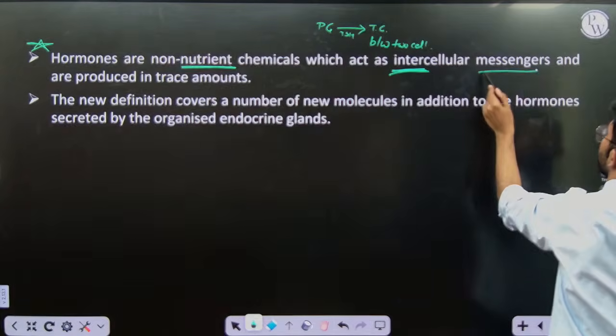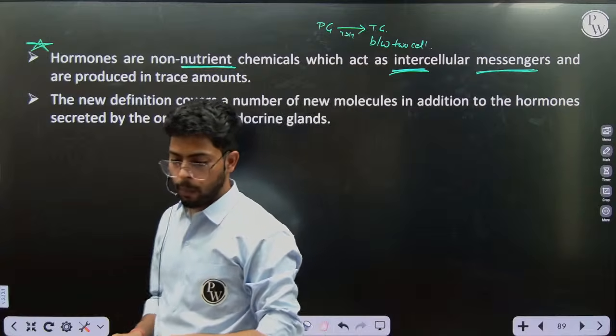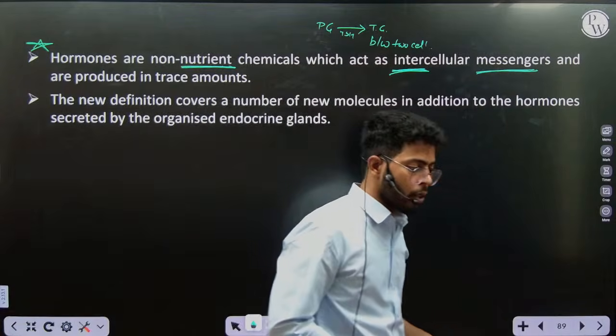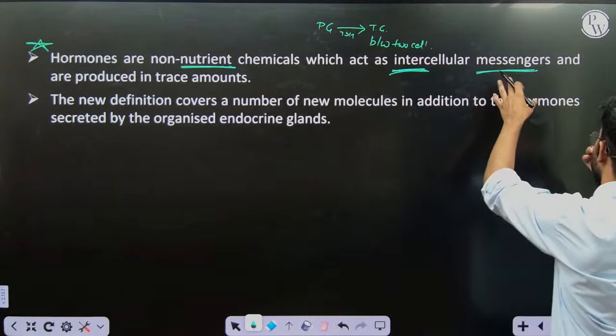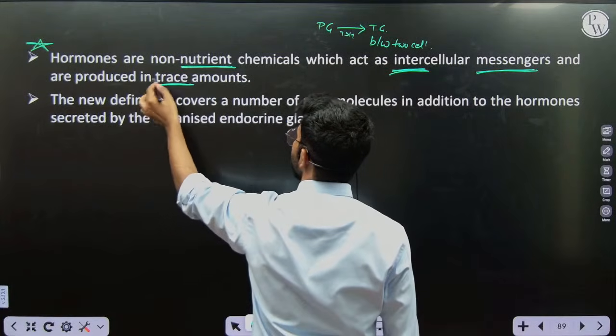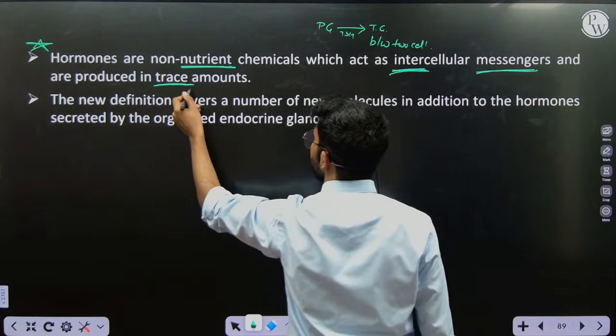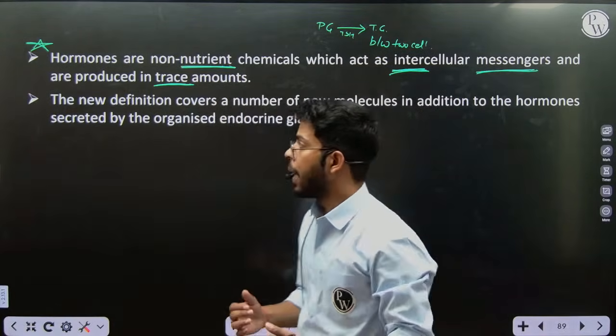And messenger: it has some message. It will give command or alter the physiology of the respective cell or target cell. That's why it acts as a messenger, and it is produced in very trace amount. That means very low concentration but highly potent.